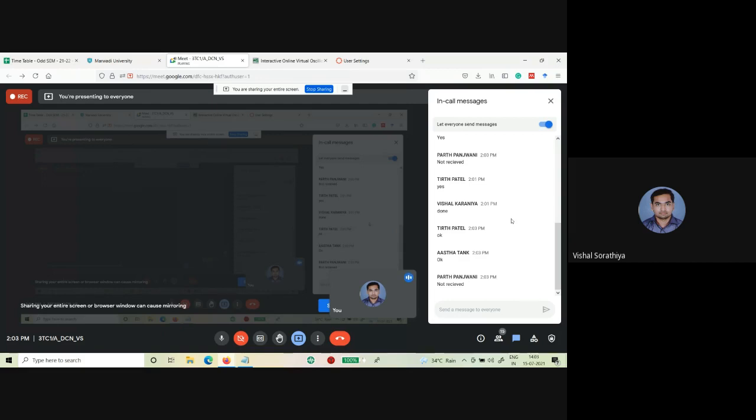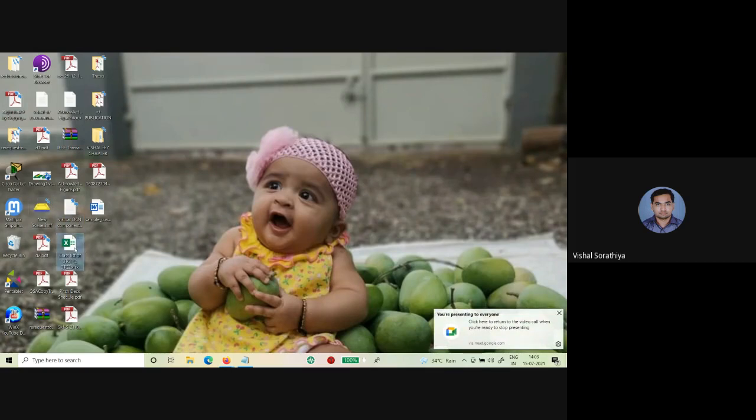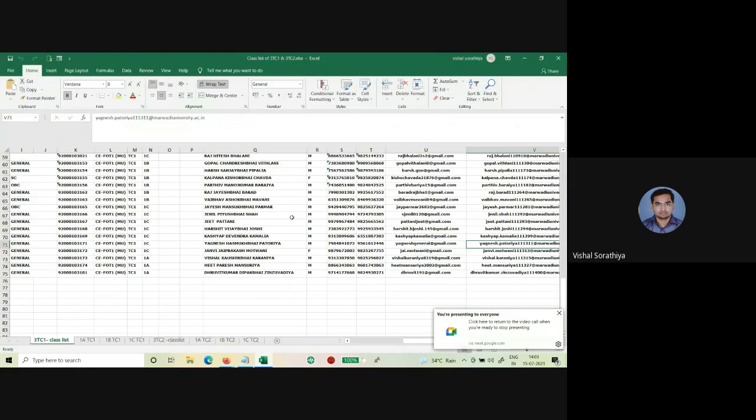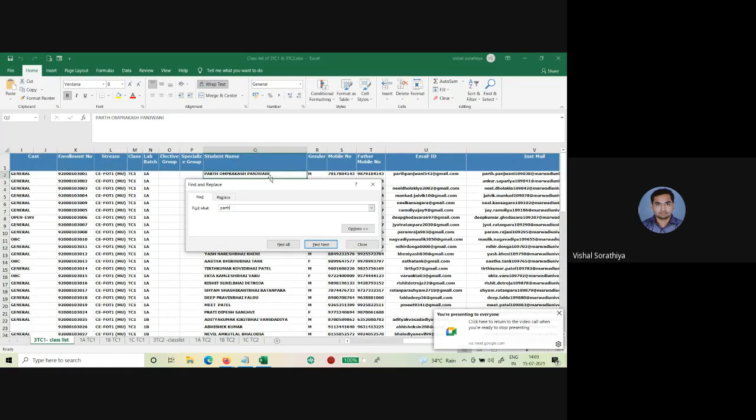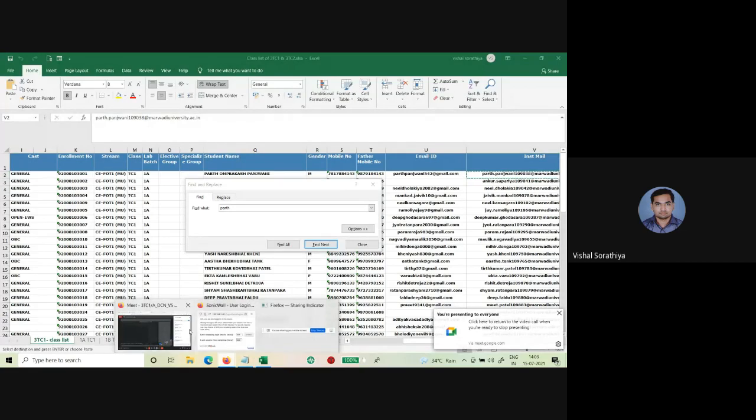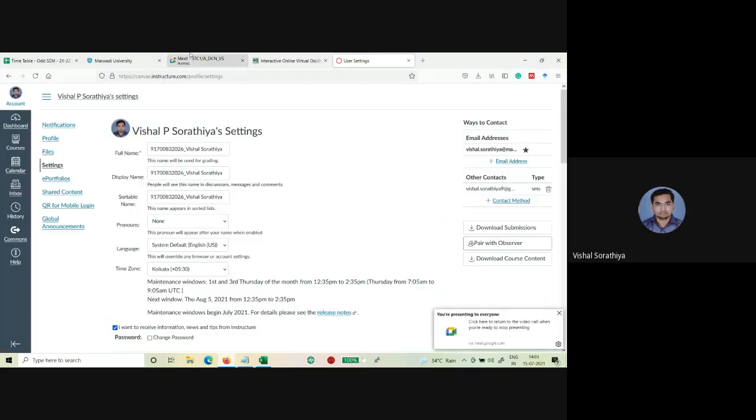Now, who has not received the invitation? Yes, Parth, you have not received. Give me a minute. Parth Panjwani, is it okay? Your email ID is 109038, which is your GR number. Okay, let me add you.